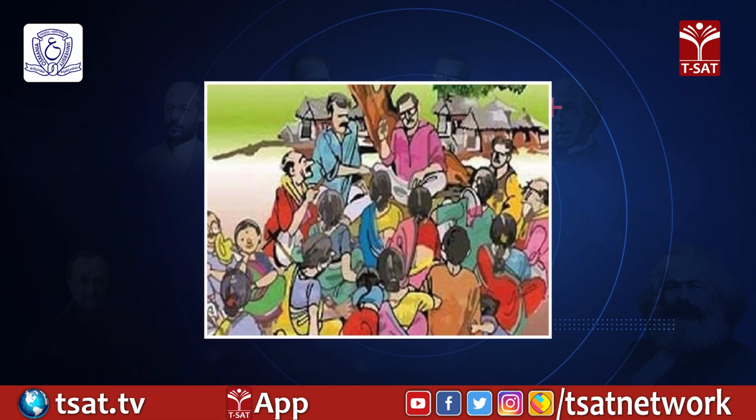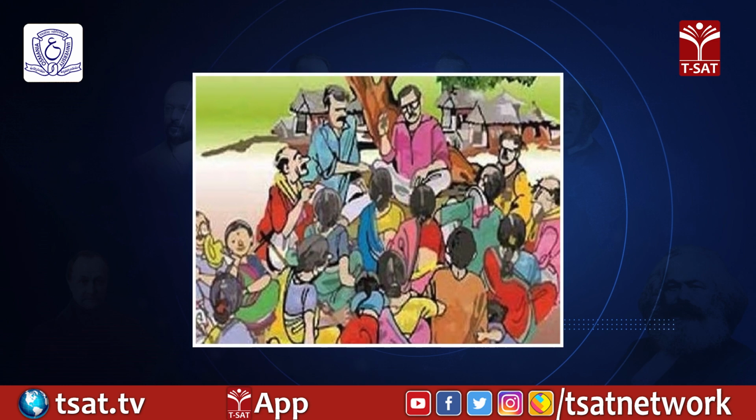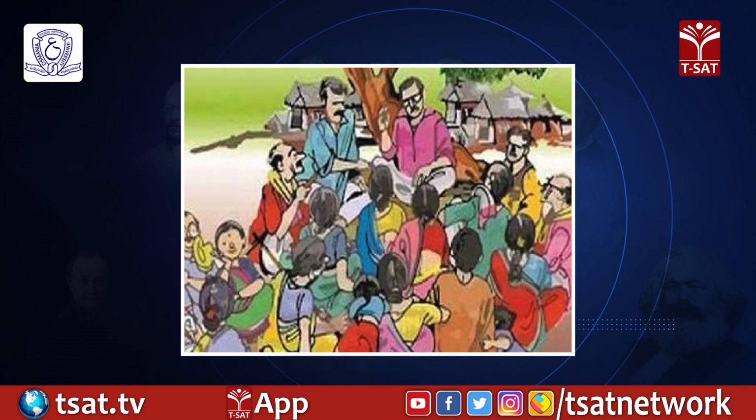The chairpersons of the district panchayats are elected heads of their respective panchayats, and they summon the meetings of these panchayats once in 2 or 3 months and preside over them.